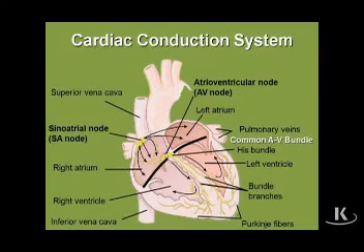The job of the AV node is to slow down the velocity of propagation. In other words, the depolarization passes through the AV node more slowly than it passes through any other cardiac muscle.